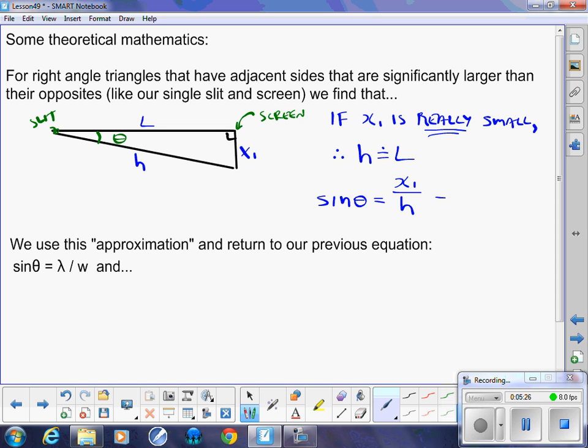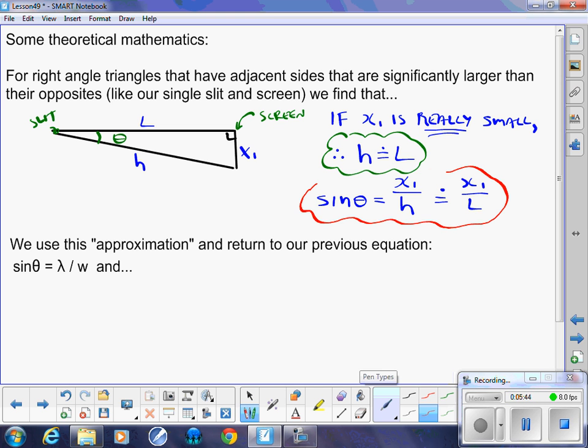But that would also mean then that h can be replaced with an L, because of that assumption we made up here. So if hypotenuse and length, the adjacent side, are approximately the same length, then our trig ratio can be written like that.